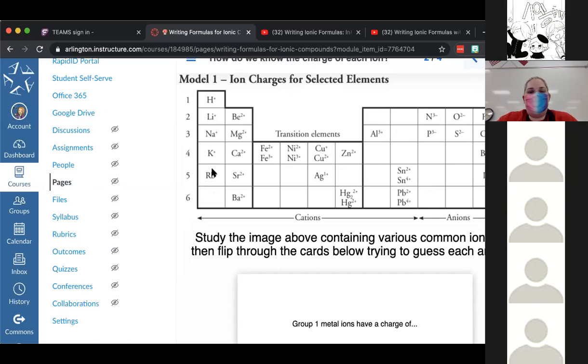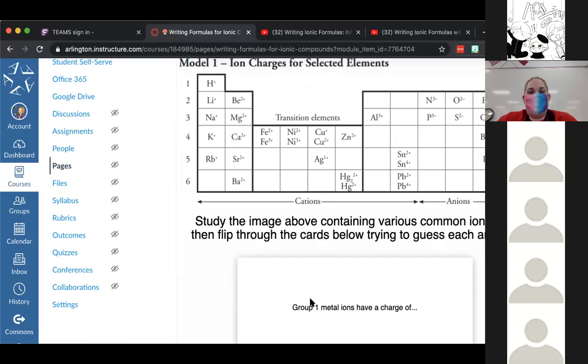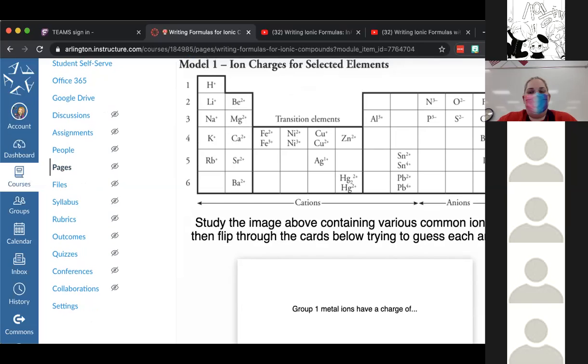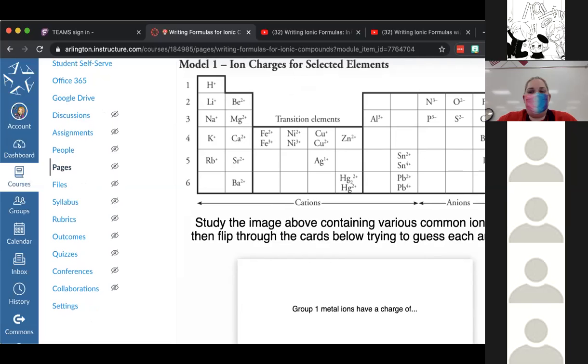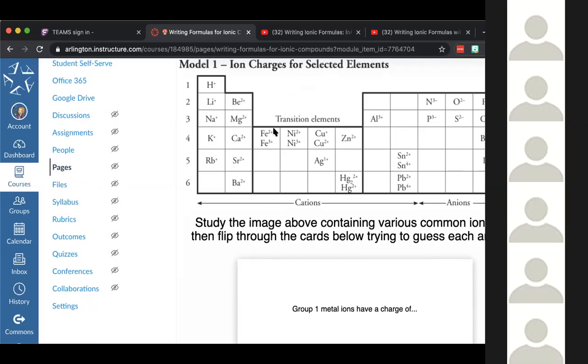Gabriel, what do you think? What charge does everything in this first group have? So is anybody there today? Camila, what about you? In this first group, what charge does everything have?